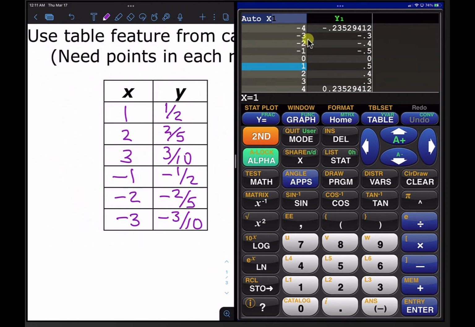So you can see at positive 1, the value is a half, or 0.5. When x is 2, the value is 0.4, which is the same thing as 2/5. And when x is 3, the y value is 0.3, which is the same thing as 3/10. And the same for those negative x values.